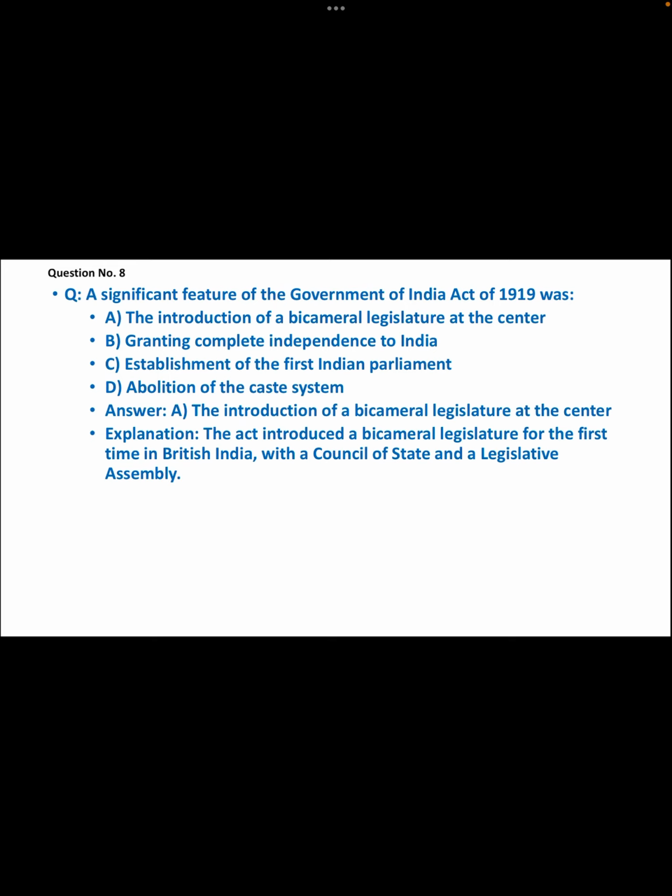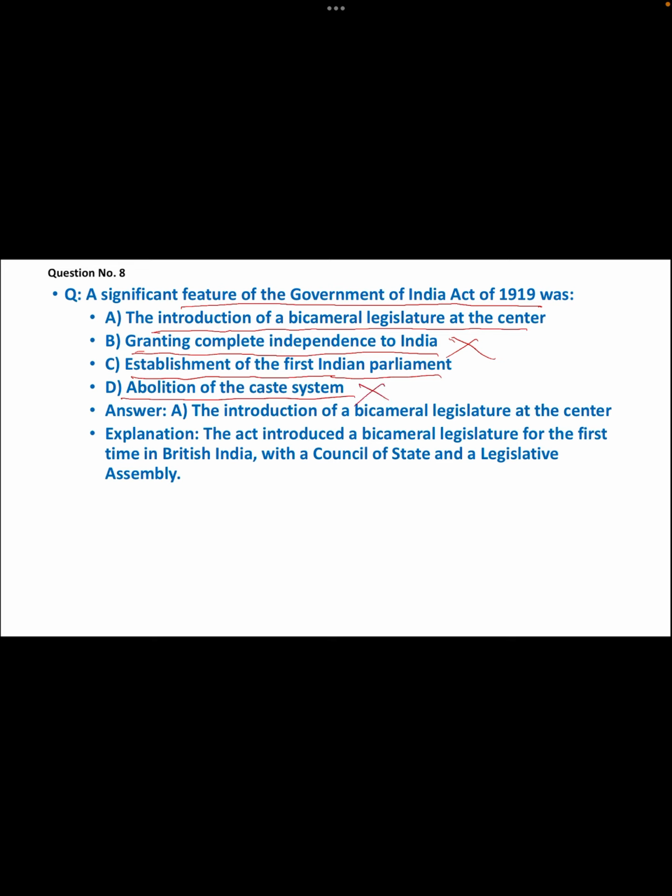Next question is, a significant feature of Government of India Act 1919 was, you have four options. Which one is the right answer? A. Introduction of bicameral legislature at center. Granting complete independence to India cannot be the right option. Establishment of the first Indian Parliament, abolition of caste system, is also not the right option.